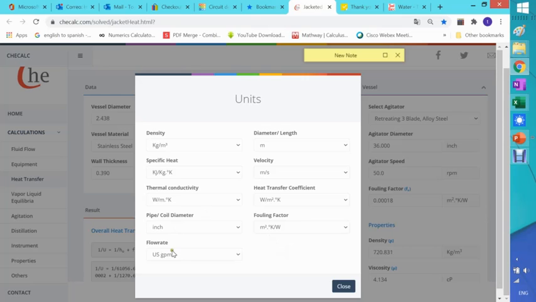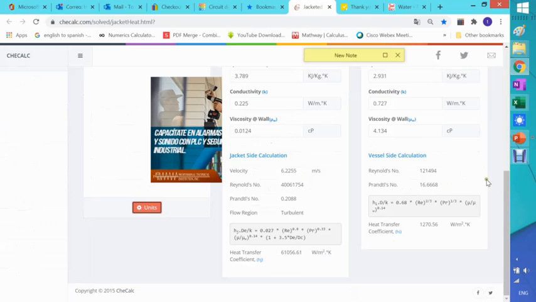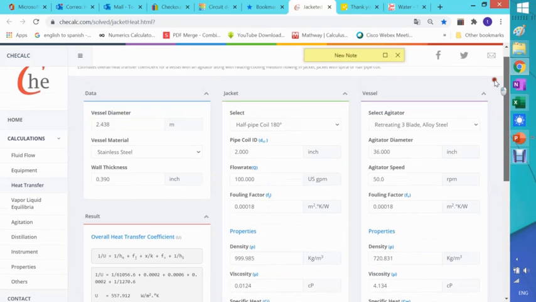Basically only the flow rate stays, which I'd rather keep in gallons per minute. That will do. So now the default values will change according to the units that I set in my system.